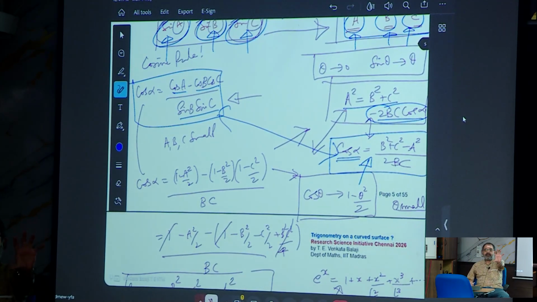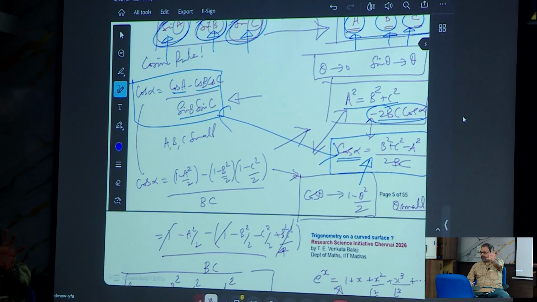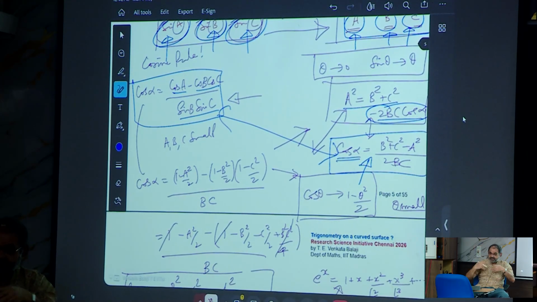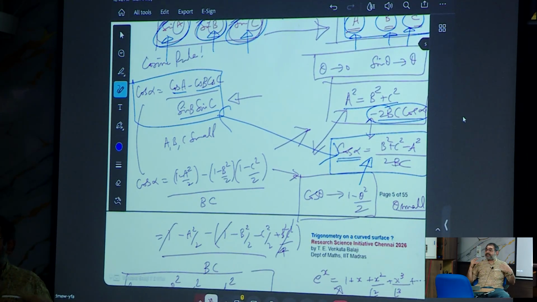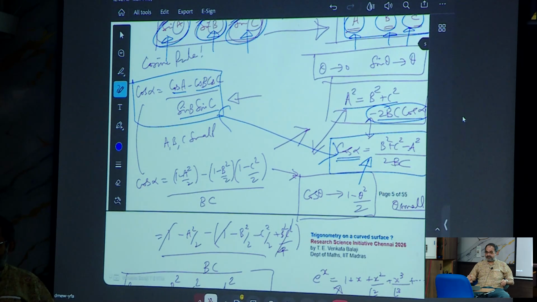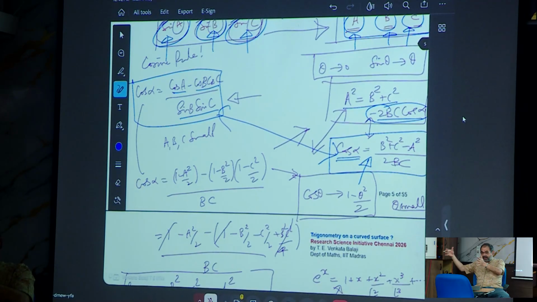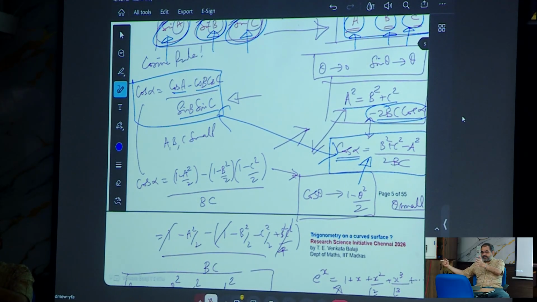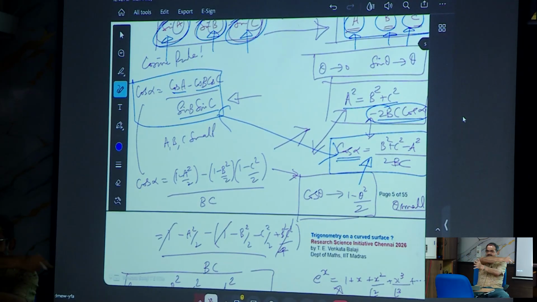That is why, for example, if you have a very heavy object like a black hole or a huge galaxy, objects which are behind that, you are able to see their images. This is what is called gravitational lensing. There is a galaxy in front of you, there's a galaxy behind, and this galaxy is out of your line of sight. But light from that bends like this and comes to you.